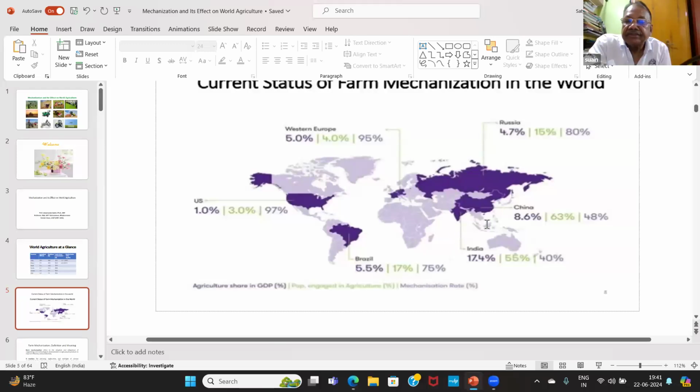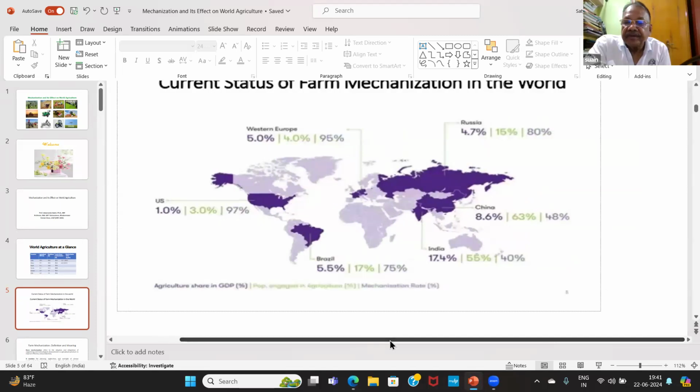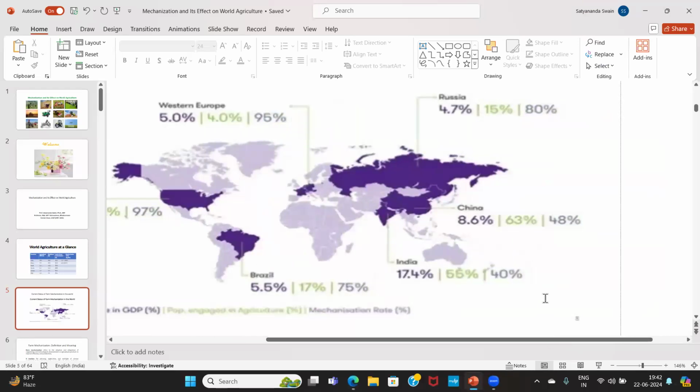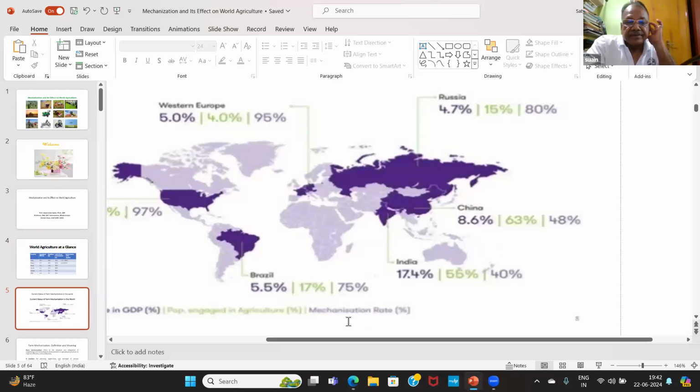Then coming to China: 8.6% is the contribution to GDP, then 63% of the population involved in agriculture, and 38% mechanization. Somewhere it is, this is the information.